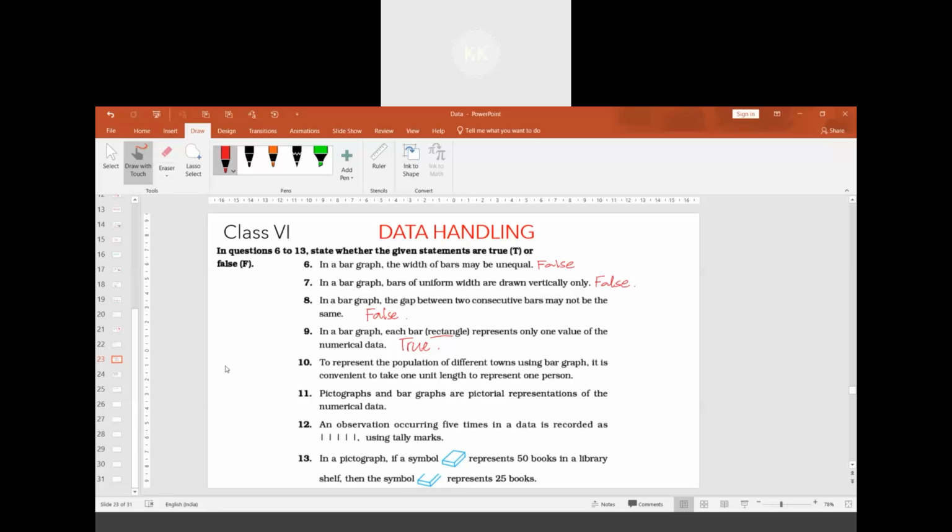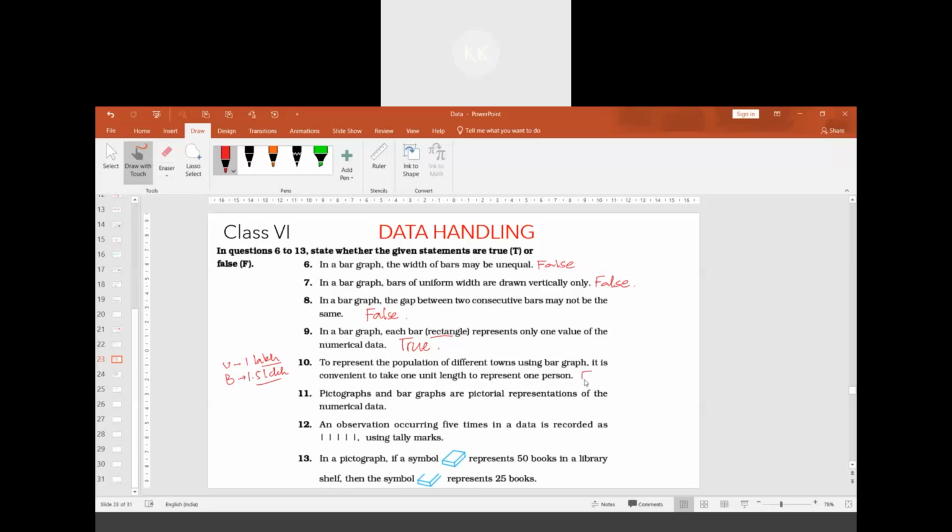For example, in Bijapur, if I consider 1 lakh people are there, and in Belgaum, if I consider 1.5 lakh people are there, can we consider one unit as one person? 1 lakh should be the scale required to make a rectangle for a town.